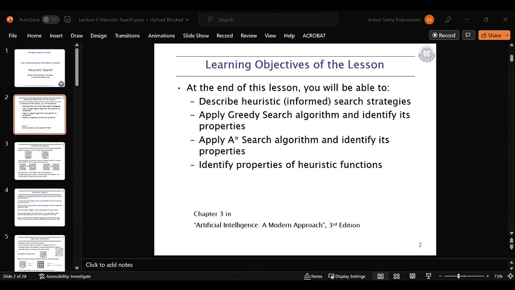I'm going to show you again to read the chapter about the textbook.